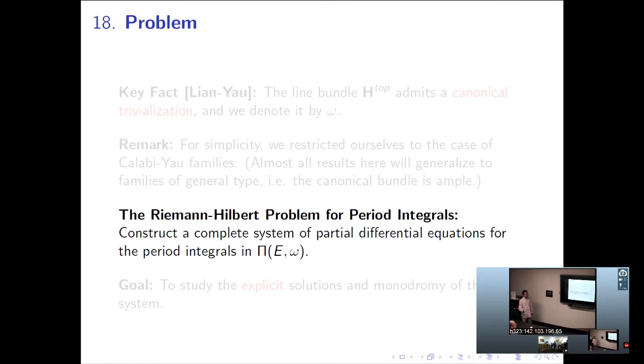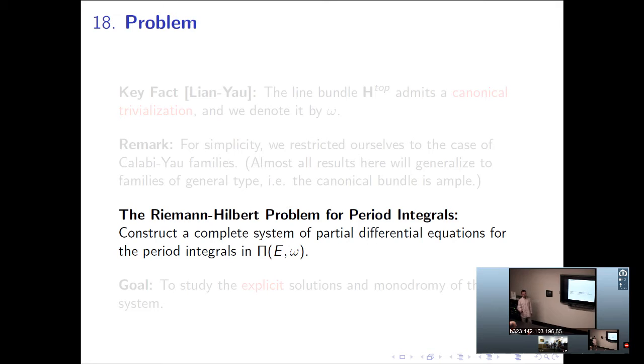So now let's formulate our Riemann-Hilbert problem for pure integrals. It is the problem to construct a complete system of partial differential equations for the pure integrals. So this means two things. First, we hope to construct explicitly a system of differential equations for which pure integrals are the solutions.